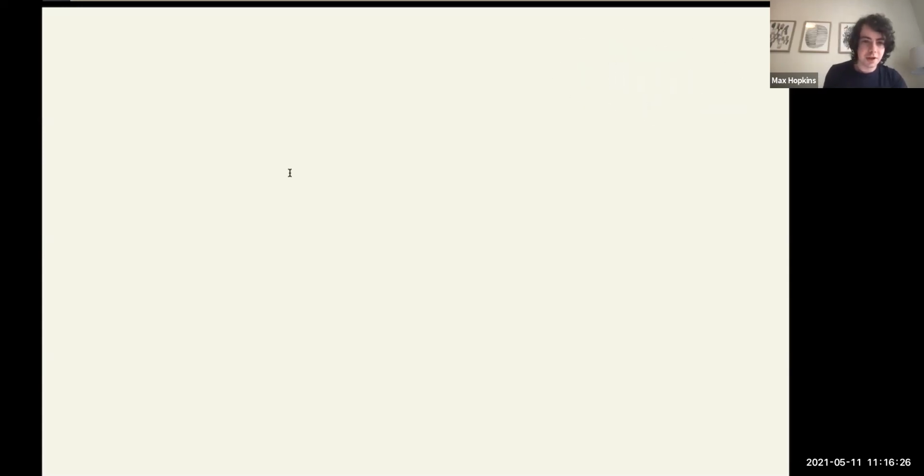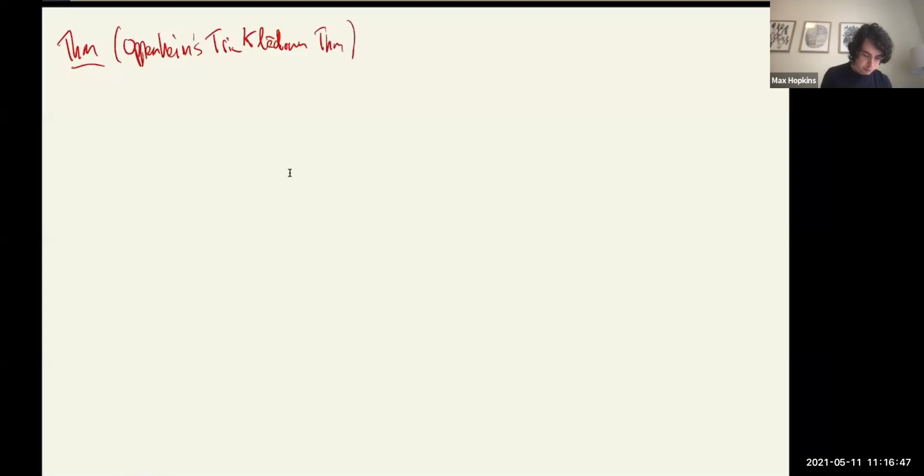Okay, so Shachar was midway through stating Oppenheim's theorem. Let me just rewrite where we were. So this is Oppenheim's trickle-down theorem, or trickling down theorem. And as Shachar was saying, it's basically stating the equivalence between these two definitions of local spectral expanders.